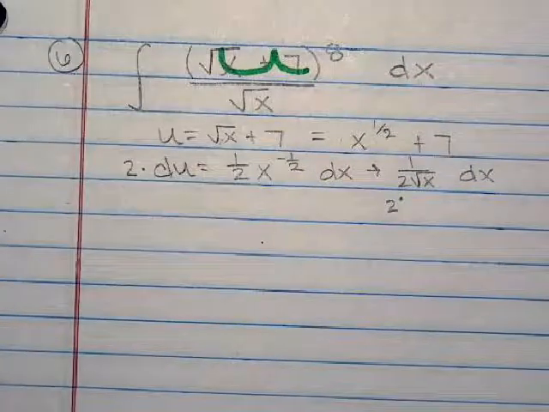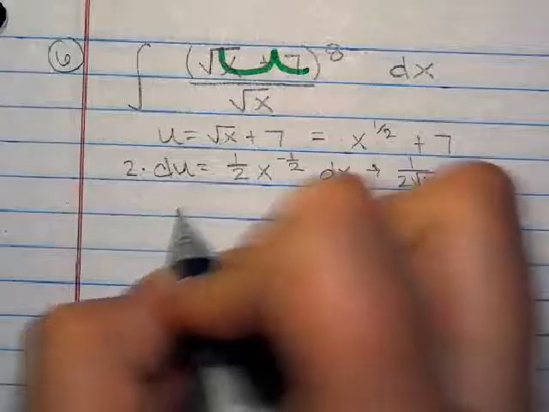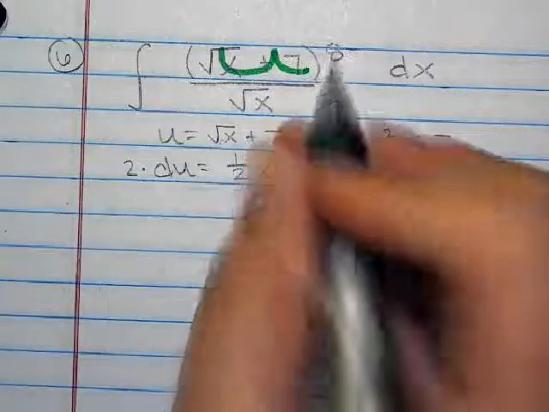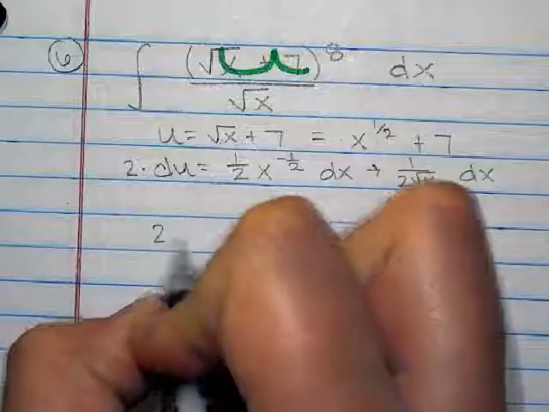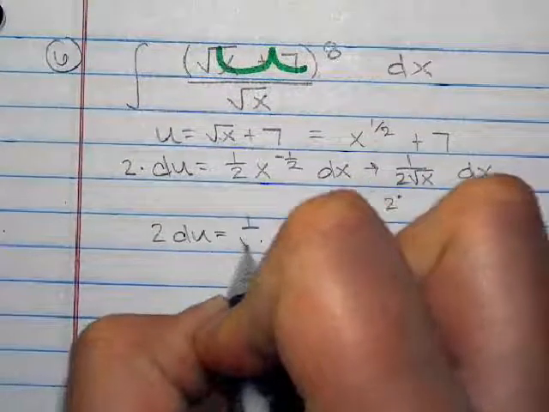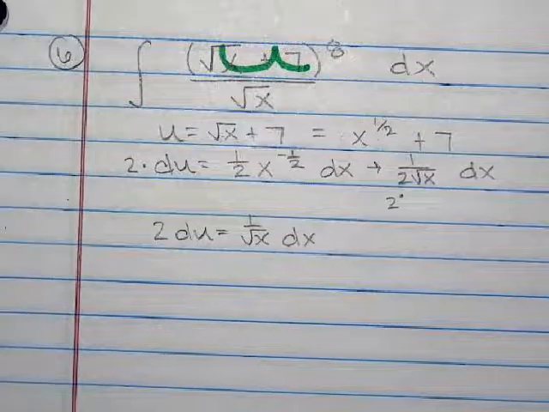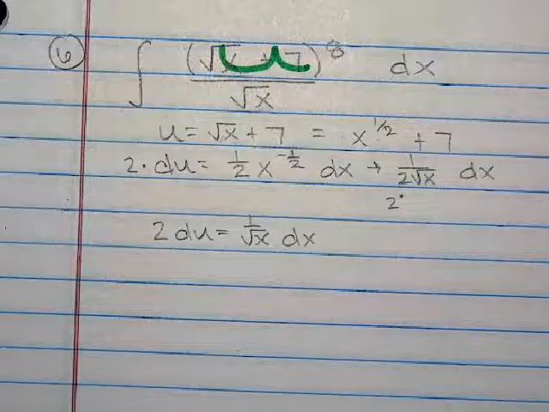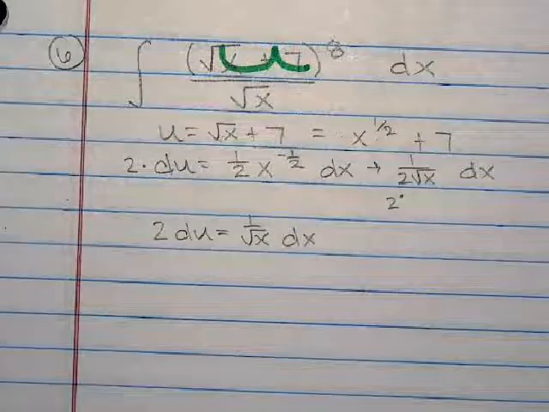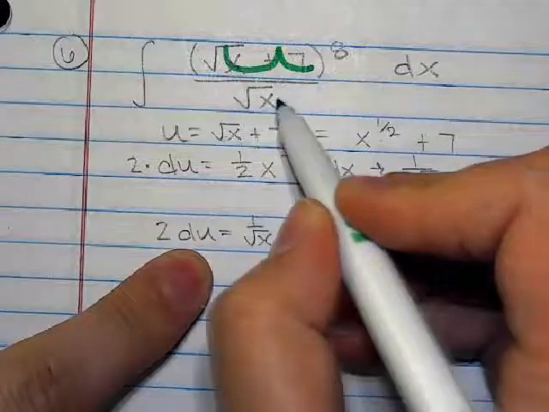It's going to still be there. It's going to hang out. Okay, so what we end up having is that we've got a 1/root x dx, and so this part right here is the 2 in the du.